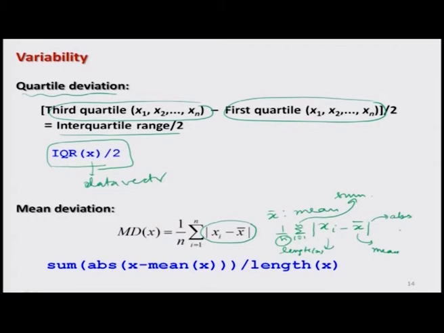So, I simply have to write the syntax: sum of the absolute value of x minus mean of x. Just be careful about the number of arguments, meaning the left-hand side and right-hand side arguments should match, and divide by the length of x. This is how I can directly compute the mean deviation using the built-in functions.